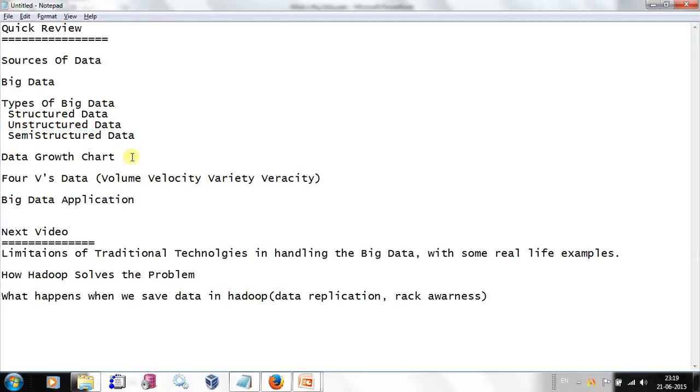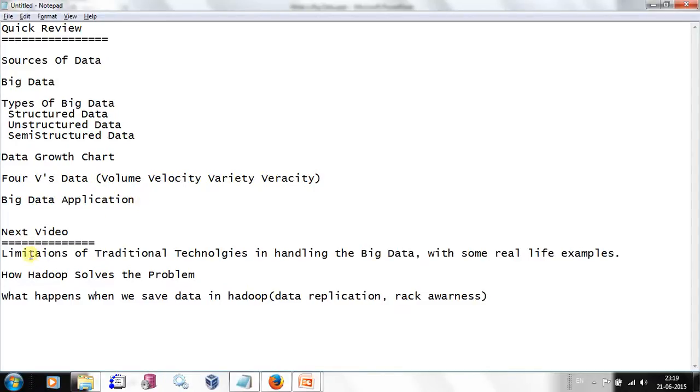Also, we have seen the data growth chart, and learned how 90% of the present world data has been generated within the last 3 to 4 years. Also, we have seen IBM's definition of big data, known as the 4 V's: volume, velocity, variety, and veracity. And we have seen the applications of big data.